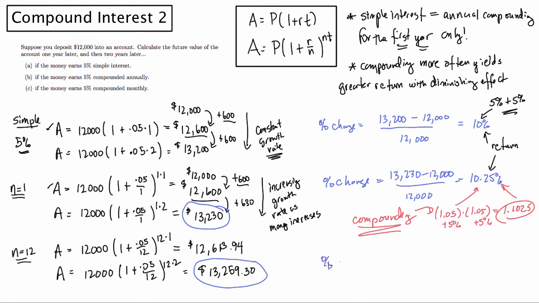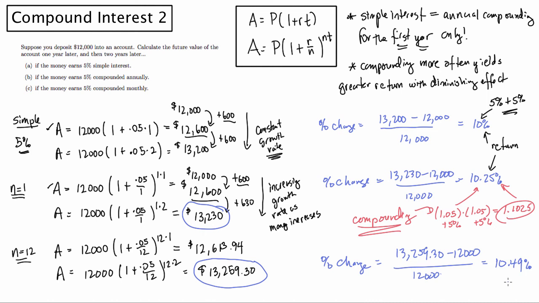Finally, if I look at the percent change of the bottom one, it's $13,259.30 minus the original $12,000. And you can see that if you calculate that percent change, the percent change is 10.49%.